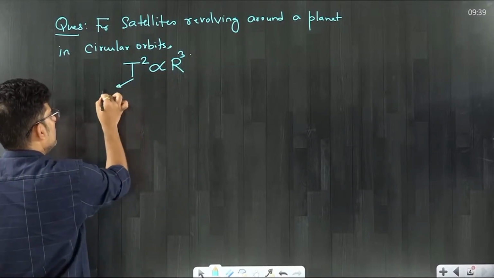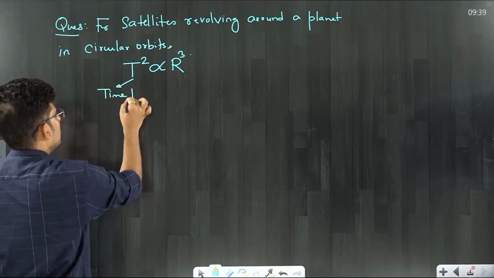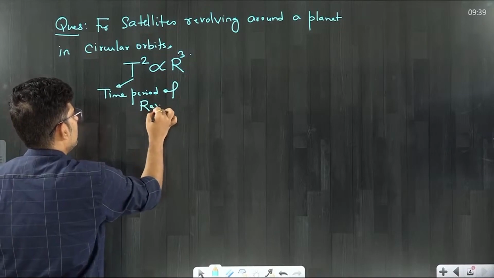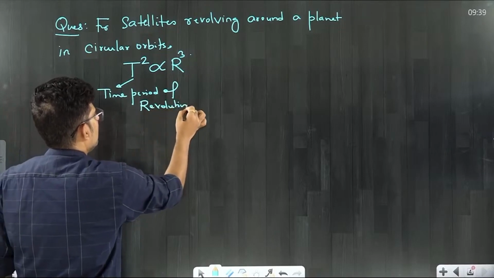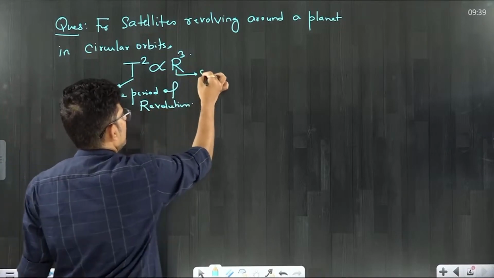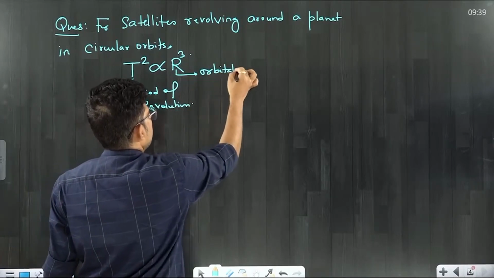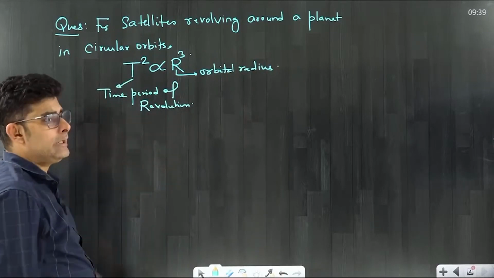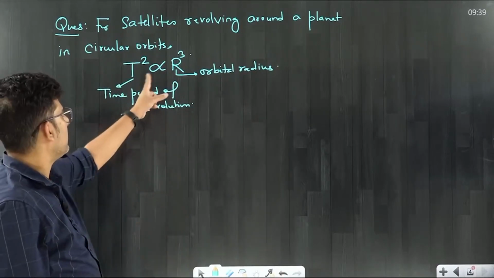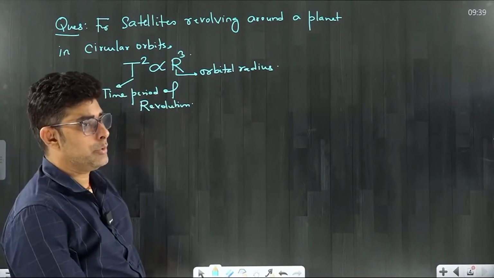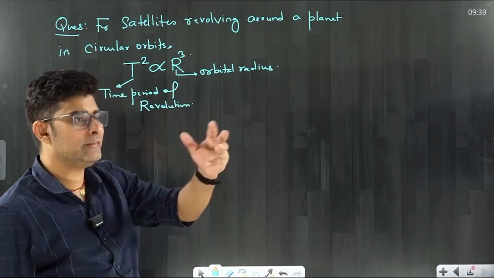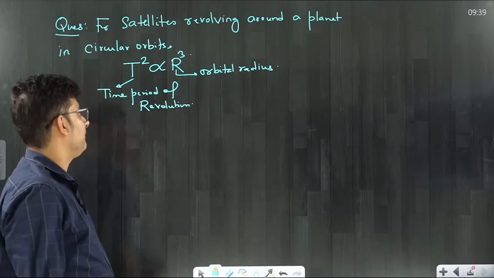This T is known as the time period of revolution, and R is known as the orbital radius. The orbit radius of the satellite and the time period of its revolution are related as T square directly proportional to R cube. This is a relation which you will study in the gravitation chapter.